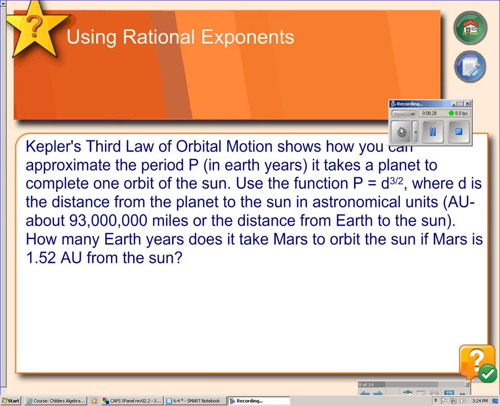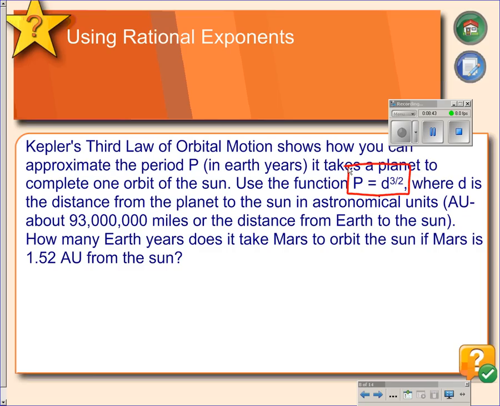One use for rational exponents is Kepler's third law of motion, which shows how you can approximate the period, or the time that it takes for a planet to orbit the sun, using this formula: period equals d to the 3/2, where d is the distance from the planet to the sun in astronomical units. So how many Earth years does it take Mars to orbit the sun if Mars is 1.52 astronomical units from the sun?